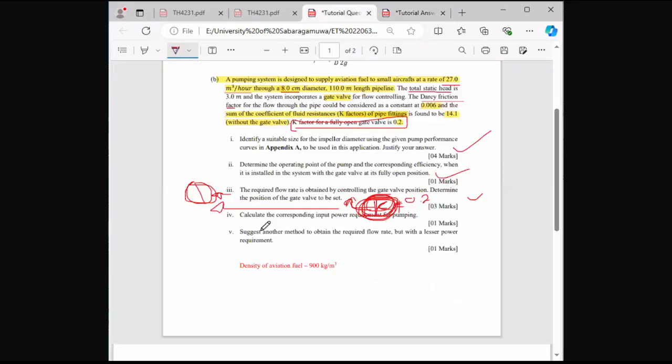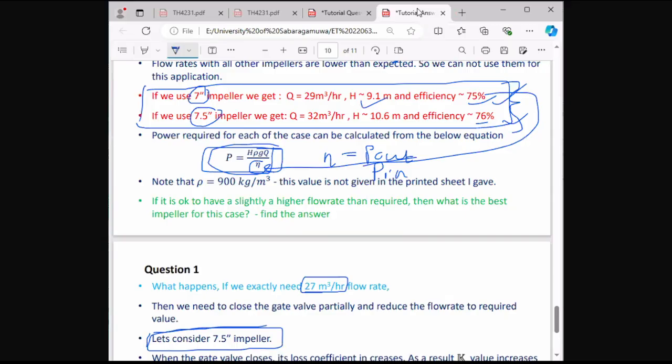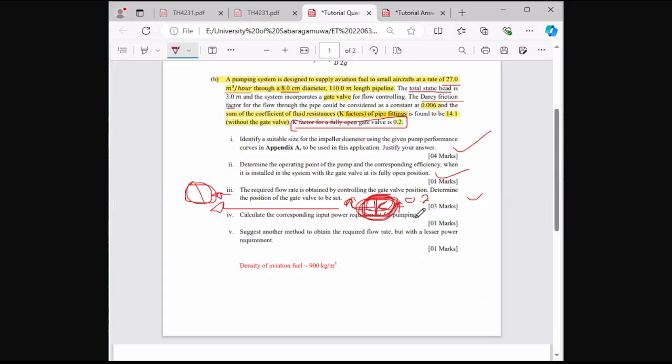Then using this, you can identify the efficiency, and P out divided by efficiency gives you P in. After calculating this, you will receive the P in value, the input power value.